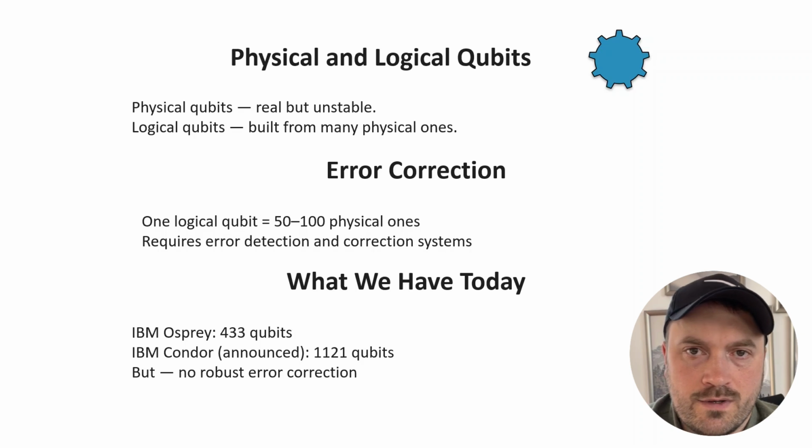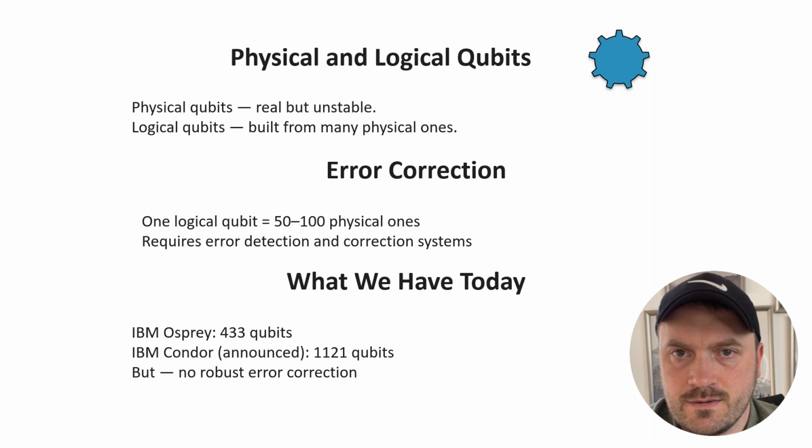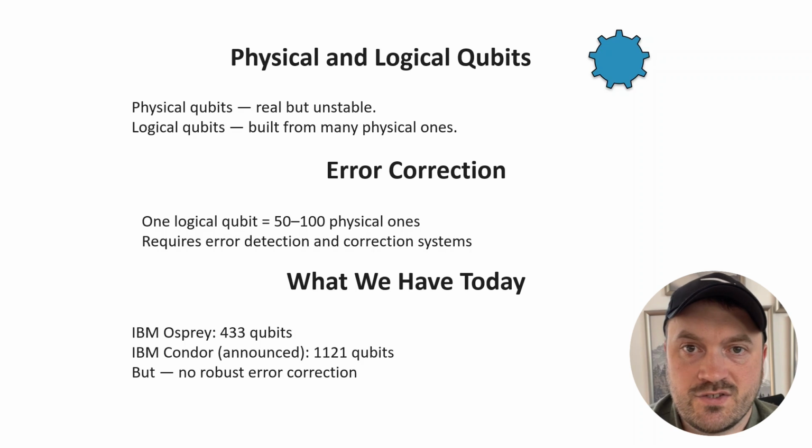In theory, it's similar to a RAID array or ECC memory in classical computers. But in practice, it's an incredibly complex task, because quantum states cannot simply be copied and rechecked directly due to the uncertainty principle.